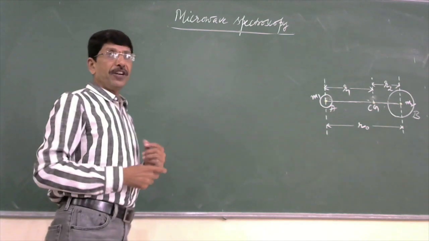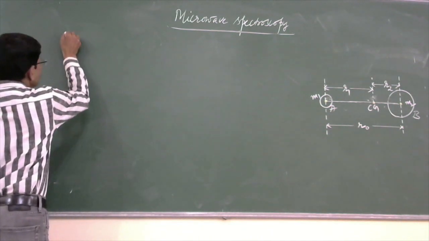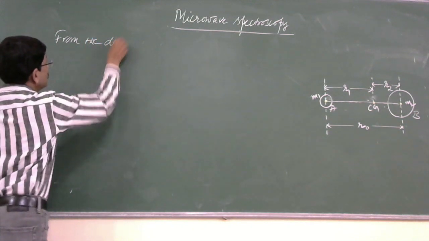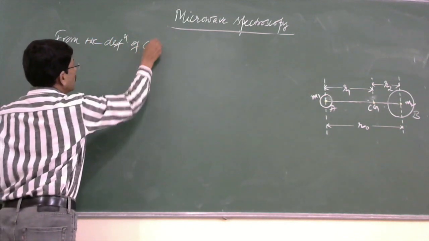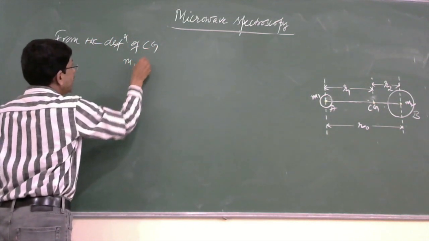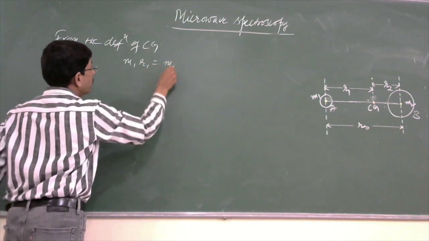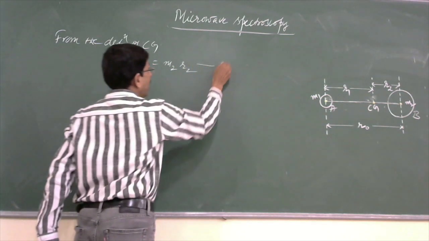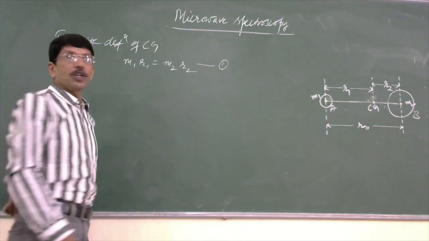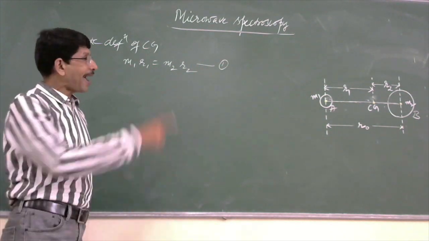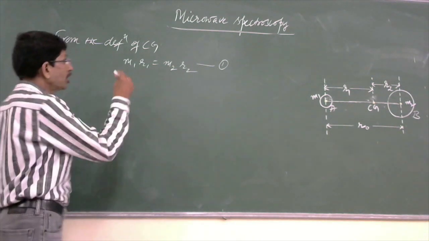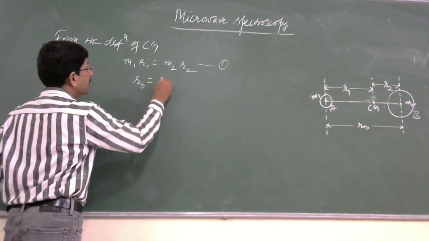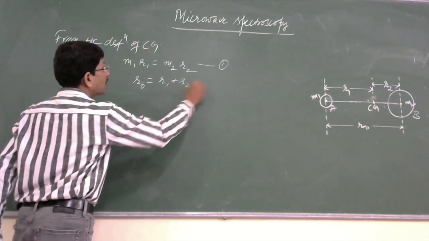From the definition of center of gravity, we can write m1 r1 is equal to m2 r2, where m1 r1 is the moment of atom A and m2 r2 is the moment of atom B. And also from the diagram, r0 is equal to r1 plus r2.